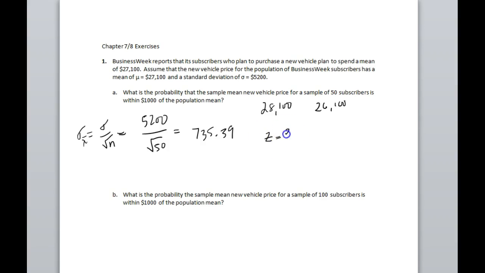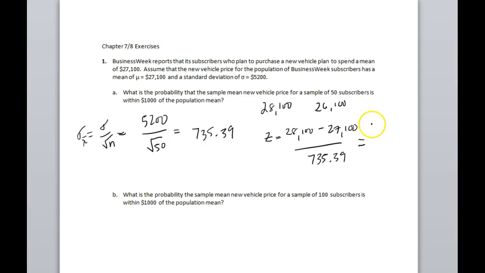So z is equal to 28,100 minus 27,100 all over the sigma of x bar, 735.39. So not surprisingly, the top of this is positive 1,000, right? Because that's in the definition of the problem, essentially.